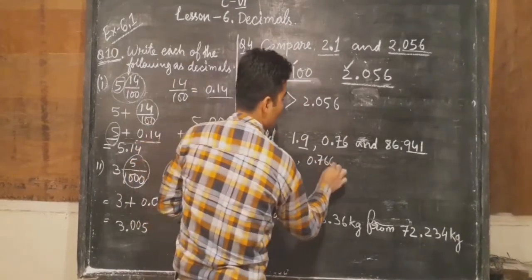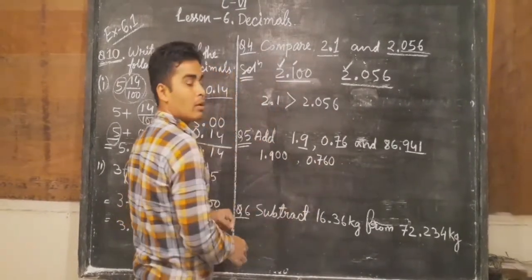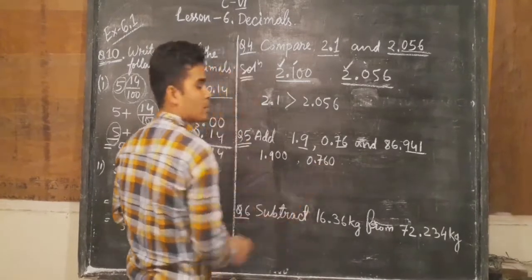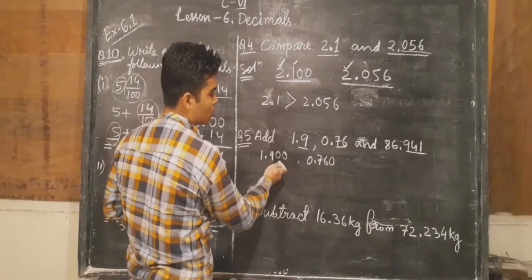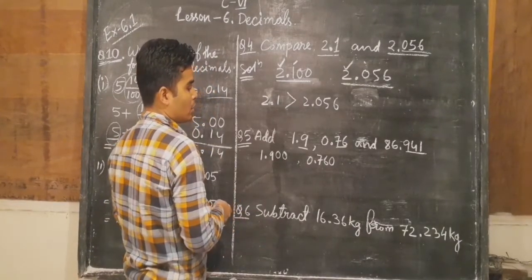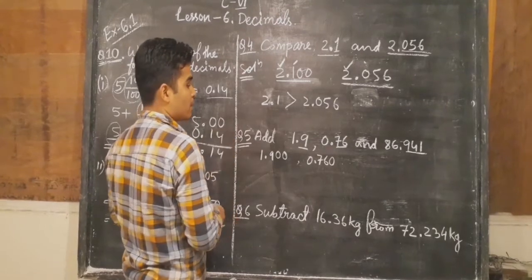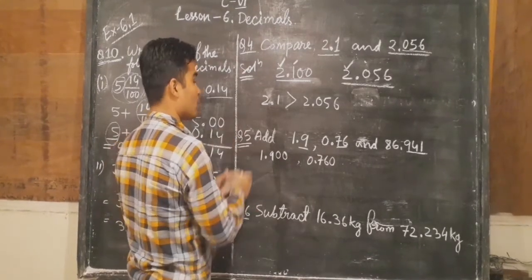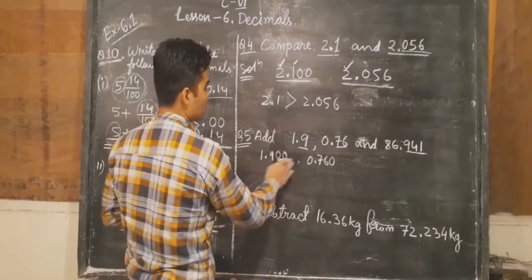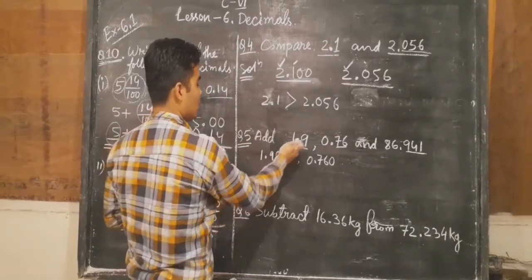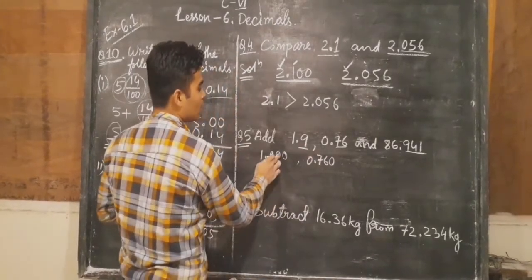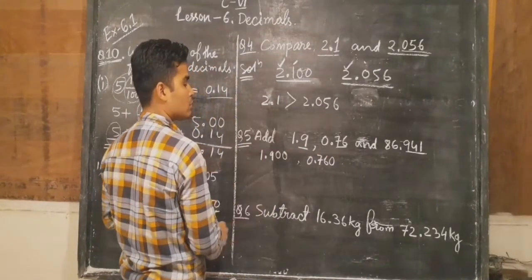If I put 1 zero, then it will become 3 decimal places. If we put 0 to the right side of any decimal number, the value of the decimal number will not change. It will remain 1.9 only. You don't think that it is big. It is not. The value of this decimal number will not change. It will remain the same. Don't worry. So you put 0.